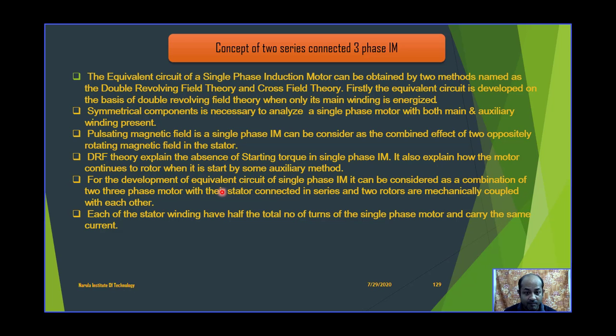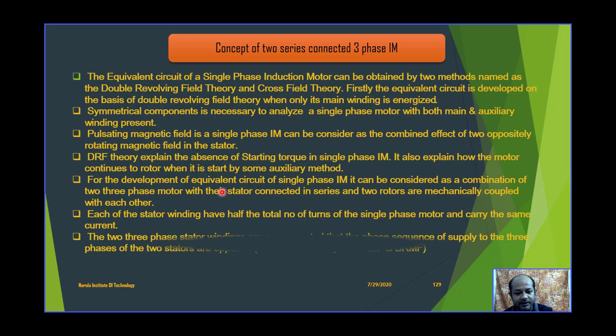But at the same time we have to keep one thing in mind: if one motor rotates in clockwise rotation, then the other motor rotates in anti-clockwise rotation, and that is only possible when the phase sequence of the supply applied to the stator windings of the two motors is different. Then only will one rotate in the forward direction and the other in the backward direction.